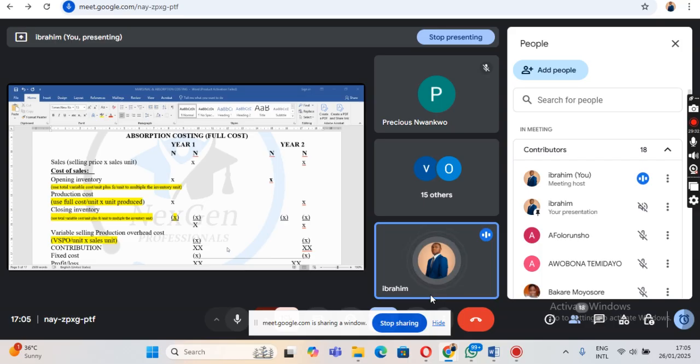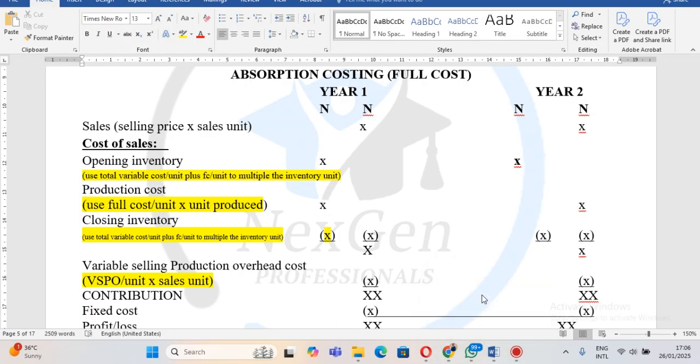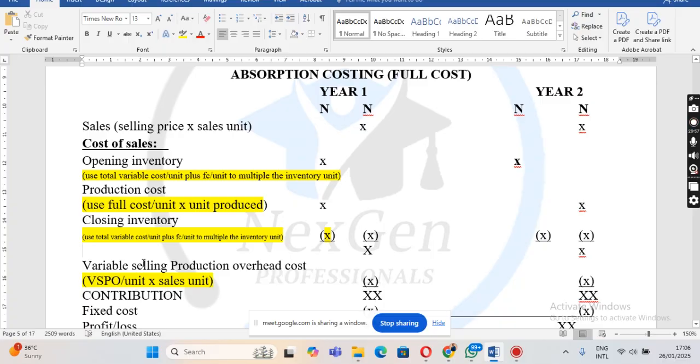You can see cost of sales there. Now, deduct it from your sales. Your sales minus your cost of goods sold, what do you have, class? Gross profit, that's right.